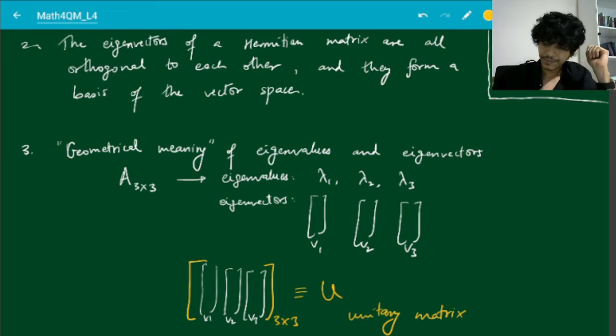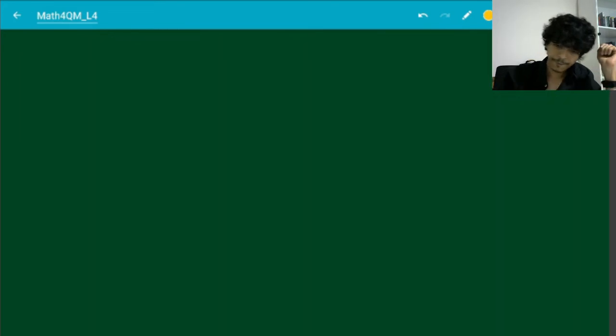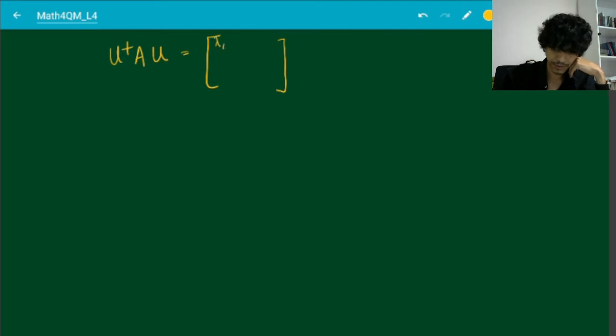Not just that, if you calculate what U adjoint A U is, what you will get is a diagonal matrix, and the diagonal entries will just be the 3 eigenvalues, lambda 1, lambda 2, lambda 3, and zeros everywhere.